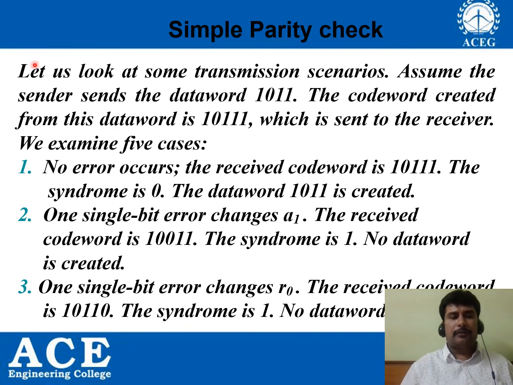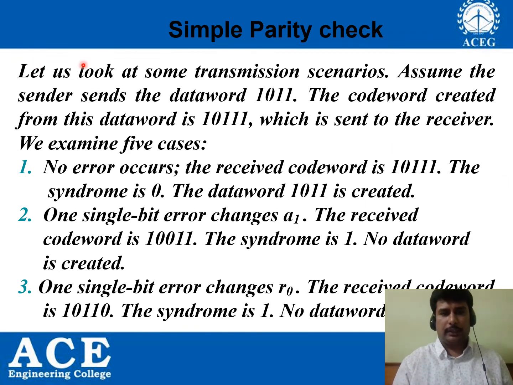So we'll take a simple example of a data word 1011, and we are implementing even parity. As per the rule of even parity, the total number of ones including the data word bits and redundant bit should be even.